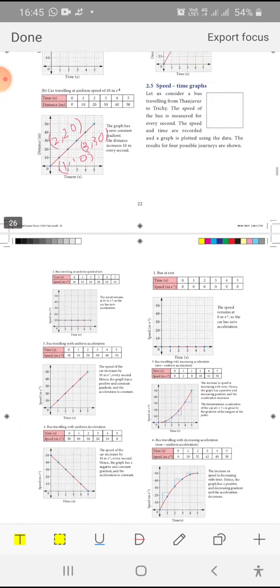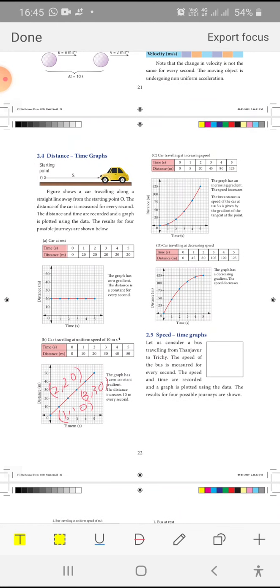See, in this page we have seen the distance time graph: horizontal line, the car is at rest; straight line, uniform motion; U curve, increasing speed; the mountain-like steep curve, decreasing speed.